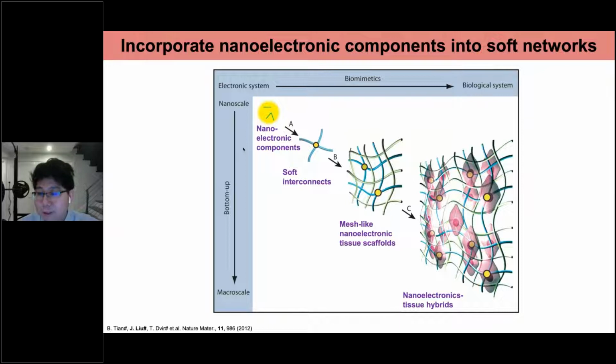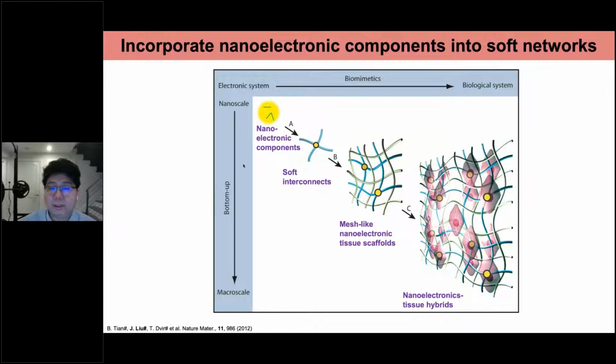So this is work done by me and Bo, almost 10 years ago. Because of the development of nanoelectronics, there are so many nanoelectronics components that can be freely patterned onto different kinds of substrates.